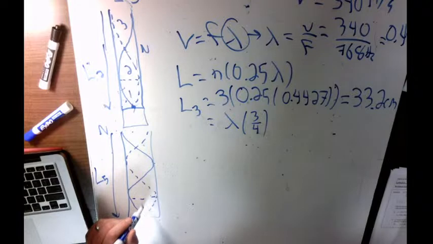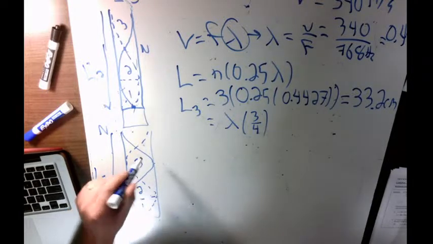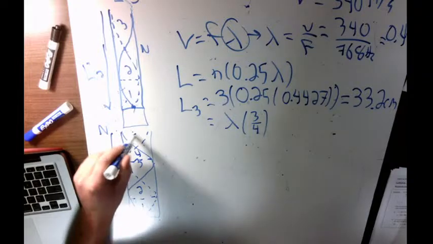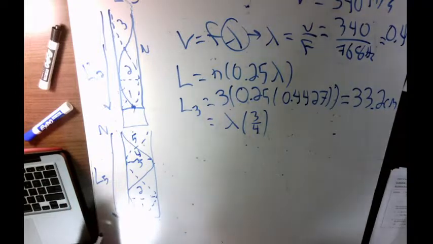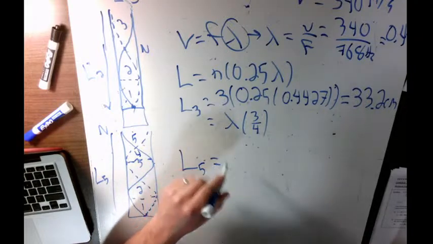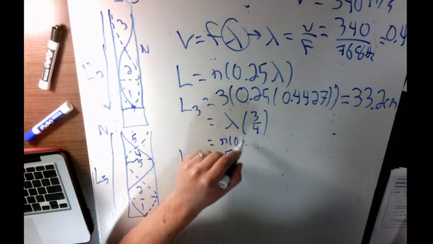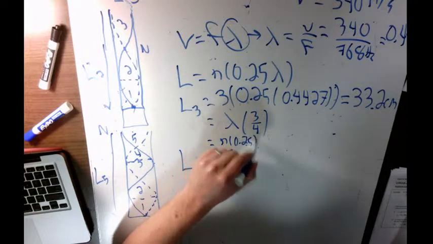So I'm in 1, 2, 3, 4, 5. This is my 5th harmonic, and I can calculate the length of the 5th harmonic by using n times a quarter of our wavelength.